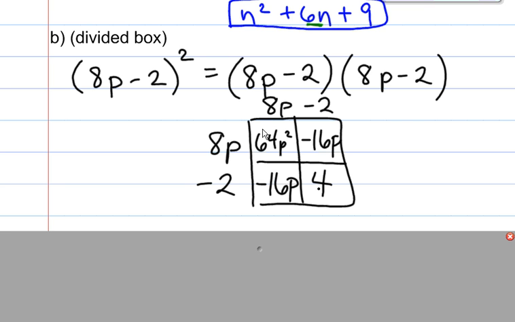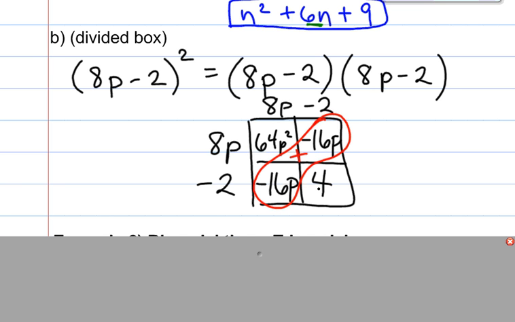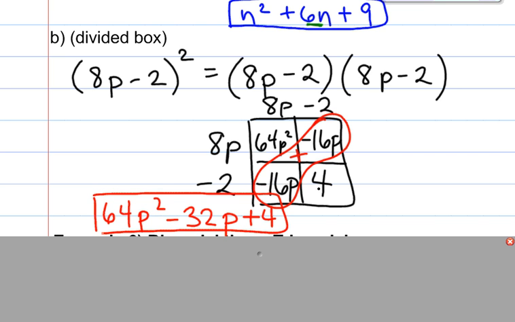Again, you can see these middle terms are going to add together. So this answer will be 64p squared, negative 16 and negative 16 make negative 32p, plus 4 is my final answer. Again, binomial squared, you have to write it out into two things.